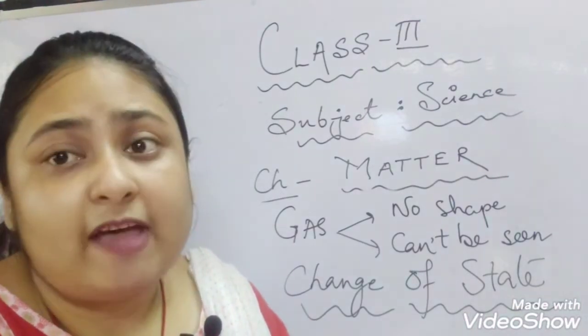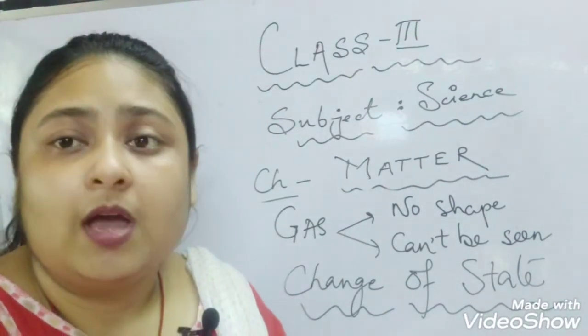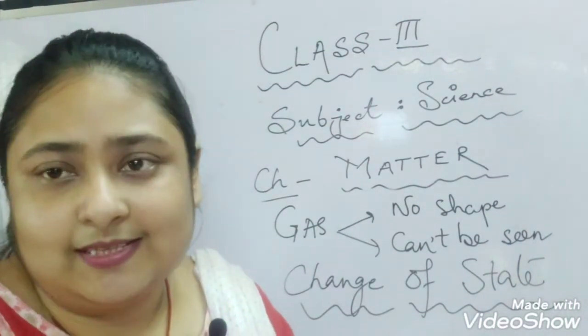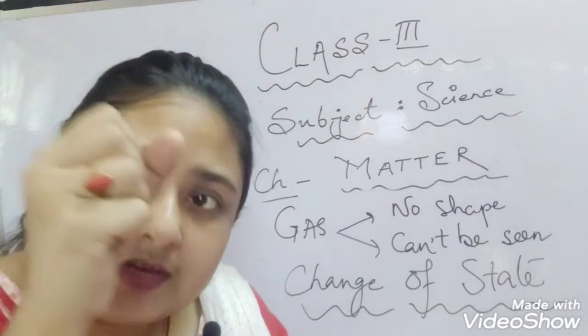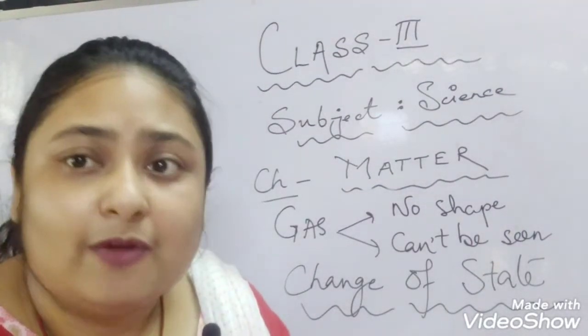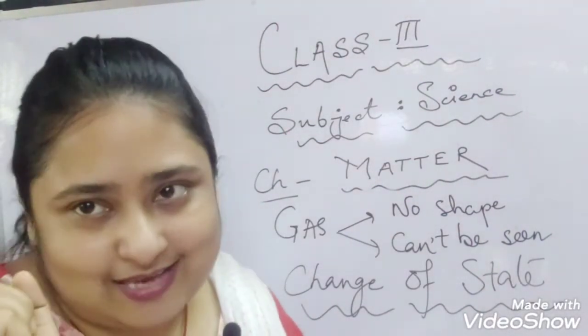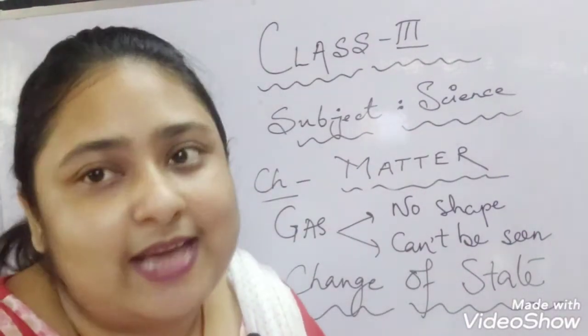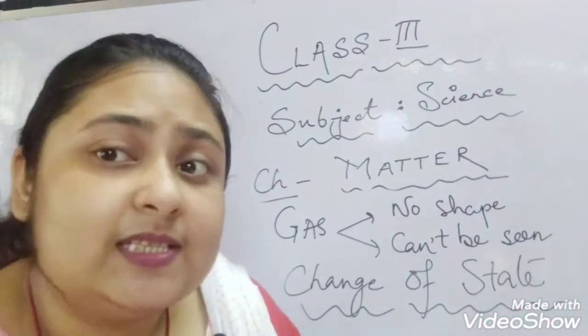Okay? They have mass also. Sometimes we can smell the gases, but we cannot hold the gases. We cannot catch the gases, and we also cannot see the gases. But we can smell them.